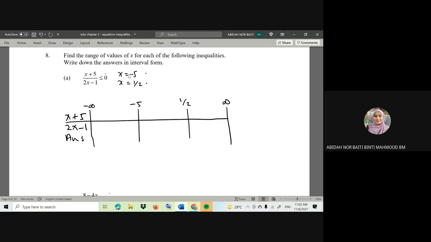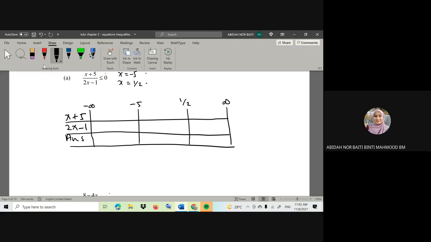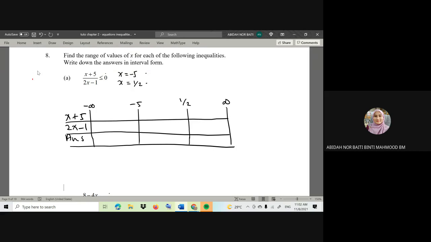Then we have to put all the signs here. So how to determine positive or negative sign? Macam nak letak sign dia positive or negative?